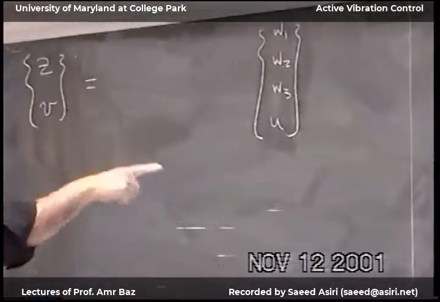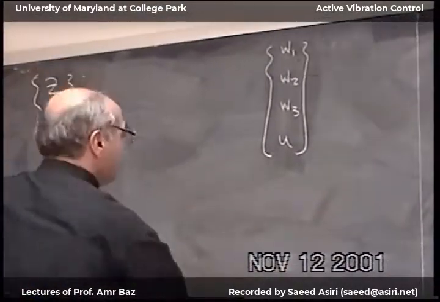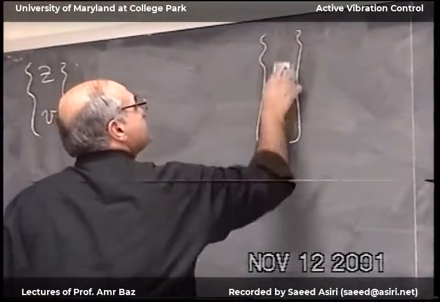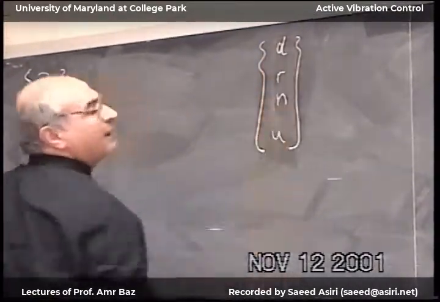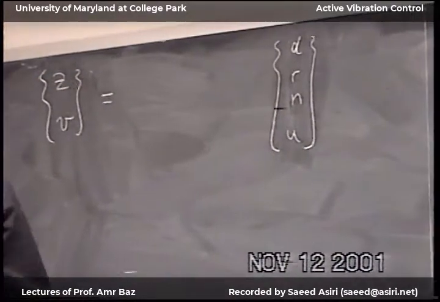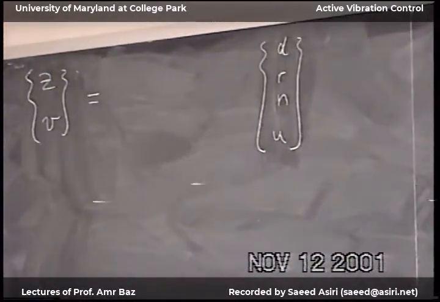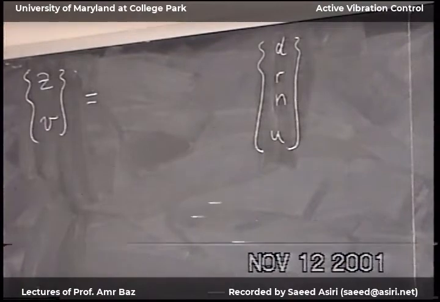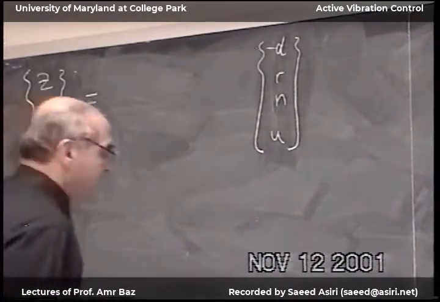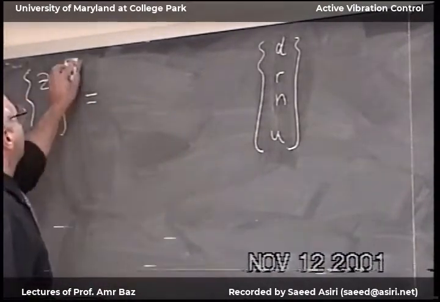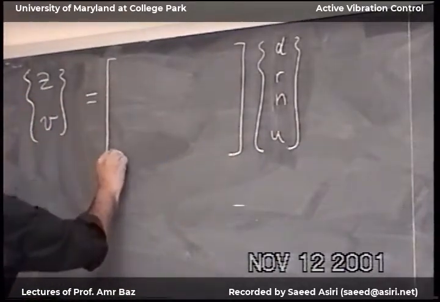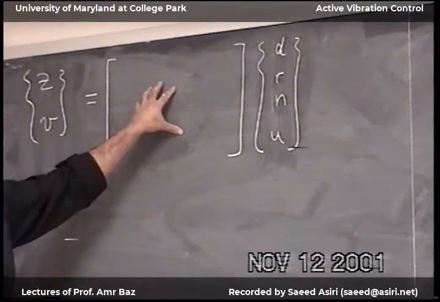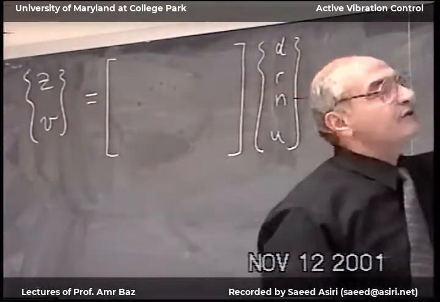Or these, based on what we have here, this would be D, R, and N. When I come up with this matrix, then this would be the transfer function of the structure.